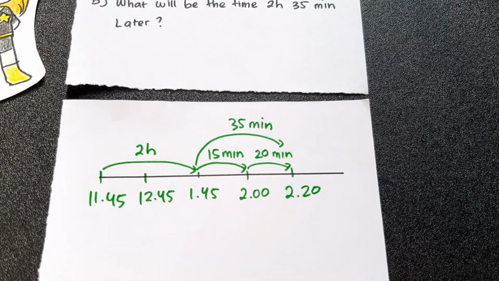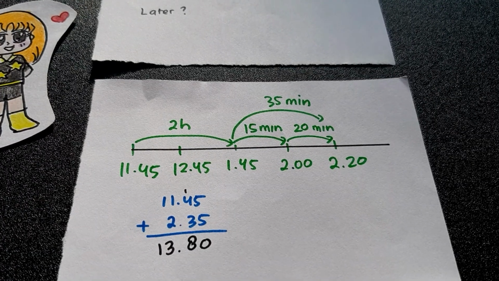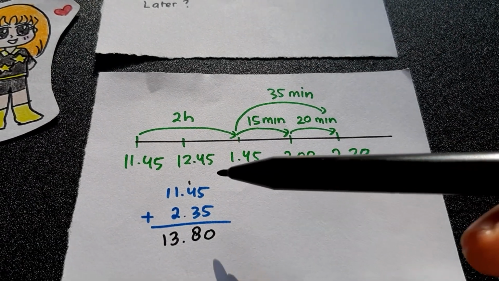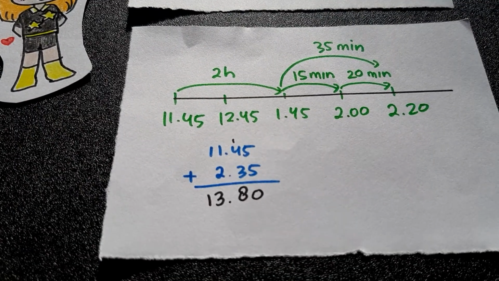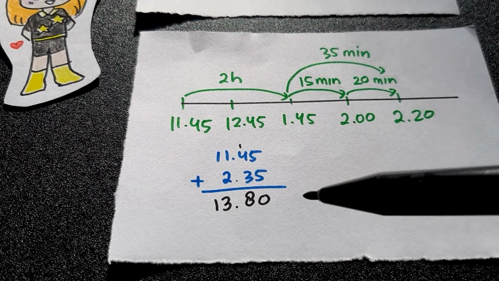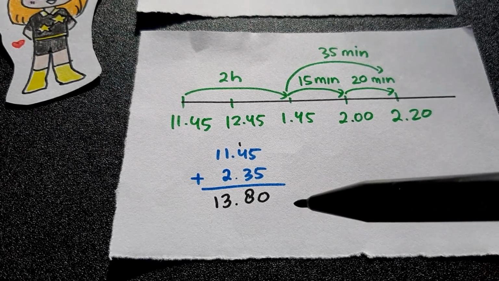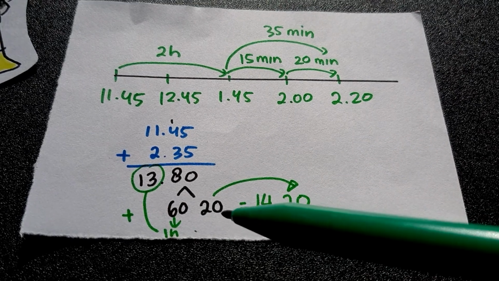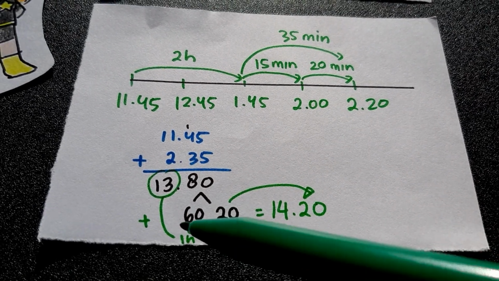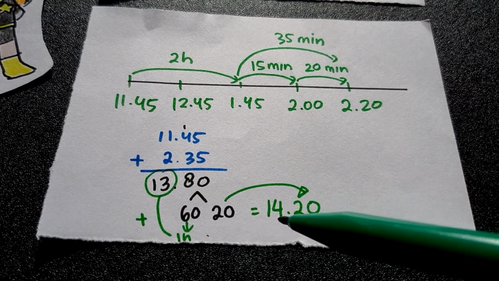Let's use the second method, the counting way, like this. But since 45 plus 35 is 80, we have to change it. The 80, we have to change it into 60 and 20. Become like this. 60 and 20. Remember, 60 is 1 hour. So 1 hour, you add it to 13, you get 14.